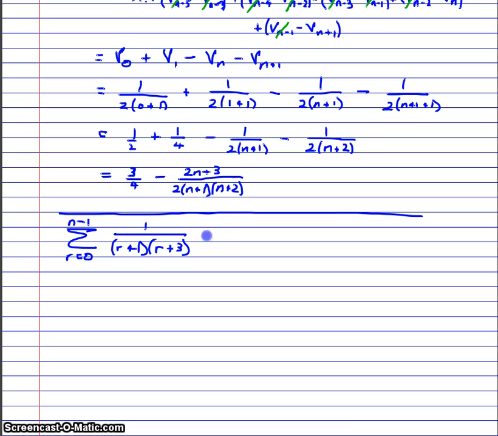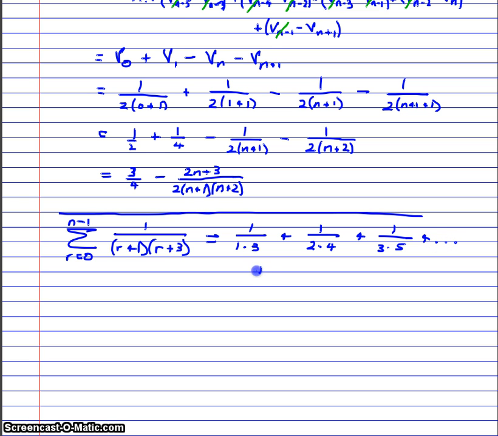Now if we were to substitute in to get the pattern, we can see that if we substitute 0 to start with, because that's our beginning, we'd end up with 1 over (0 plus 1) is 1, times 3, plus 1 over, next one will be r equals 1, so that's 2 times 4, plus 1 over 3 times 5, and so on.